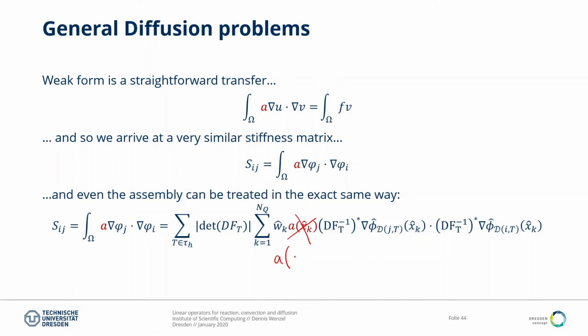It should be A of the transformed xk hat, because A is the coefficient function in our actual domain, so that should be applied to points in omega and not in the reference. But you see that this can be done in the exact same way, but it gives you the possibility to solve a much bigger class of problems.